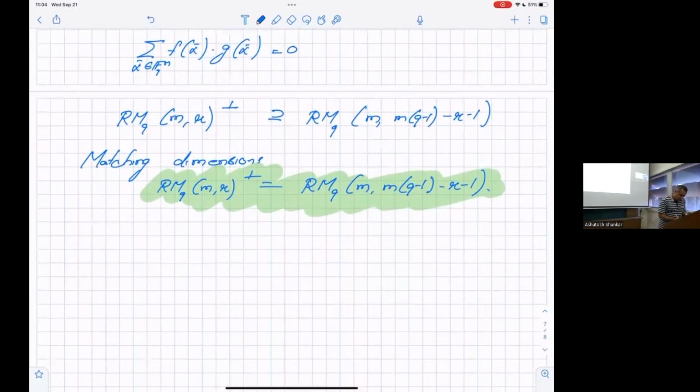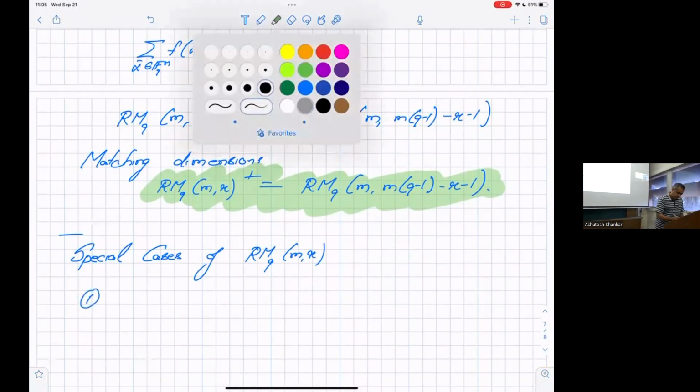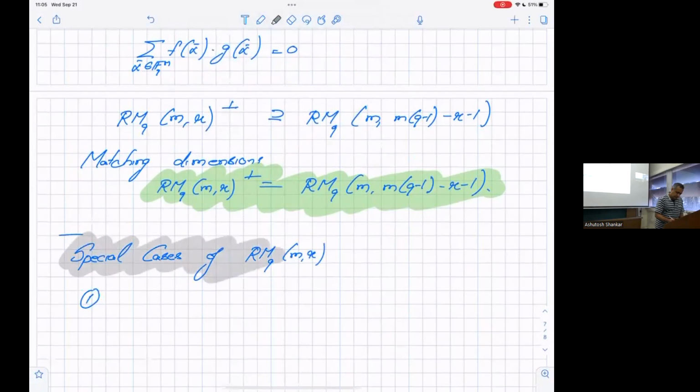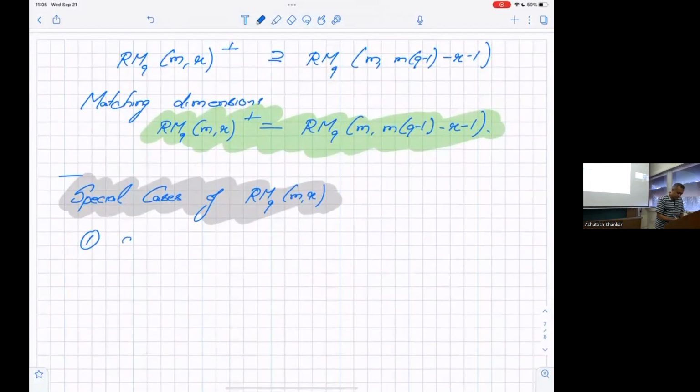Okay. So what we do next is some special cases of the Reed-Muller code. The first special case which we will see is Q equals 2.